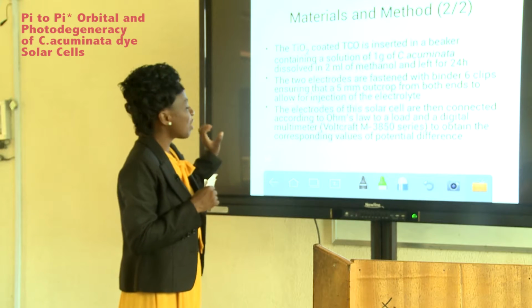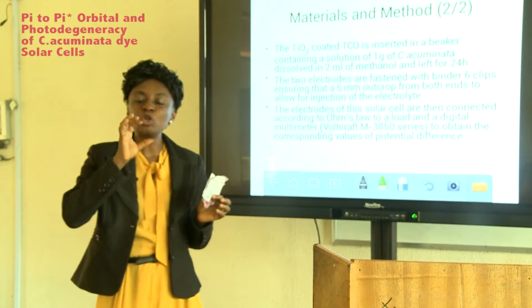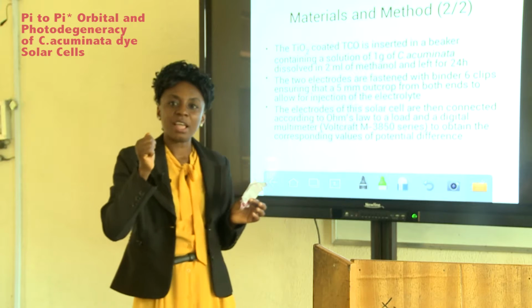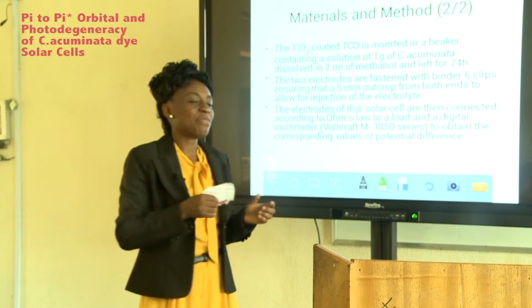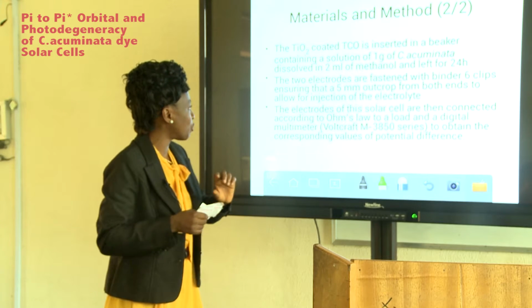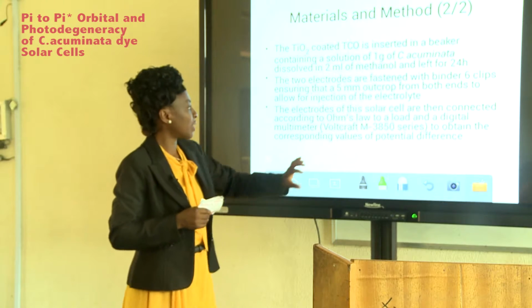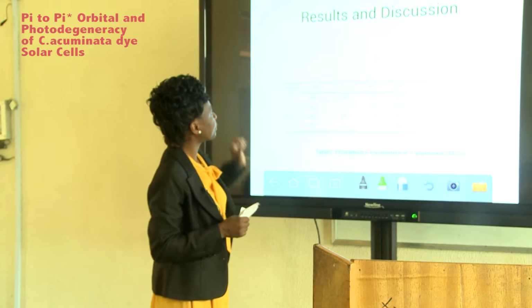And then there was a variable load, which we changed. When the load was changed, the potential difference also altered. And the different characteristics is what we got as the IV curve, which will be shown later.